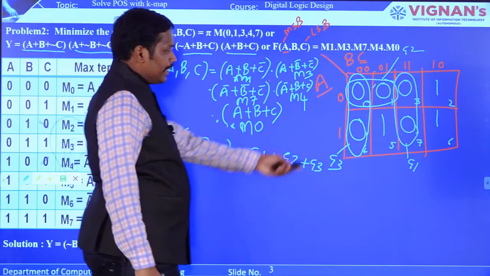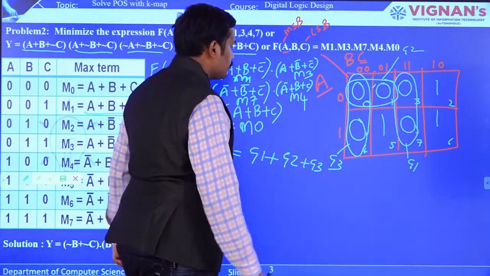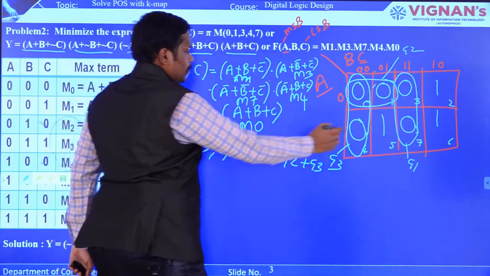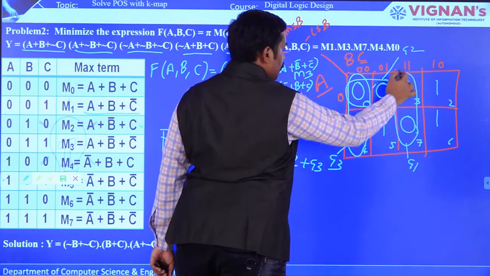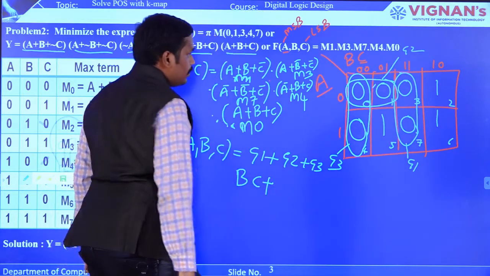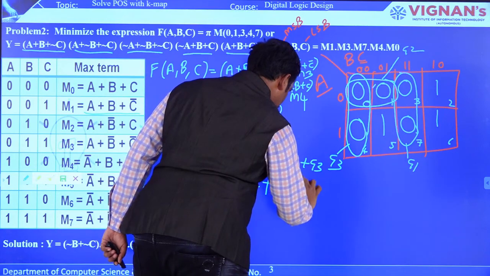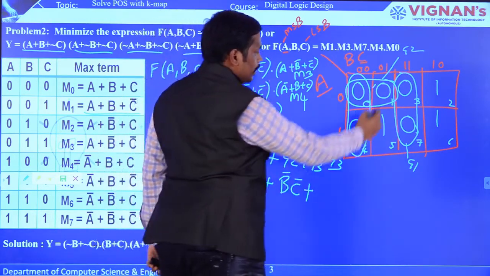So how are you going to get the term for G1? Since these 2 particular zeros have the commonality BC, we will write this as BC plus these 2 are having B bar, C bar, and then how you are going to generate G3, that is the group 3.